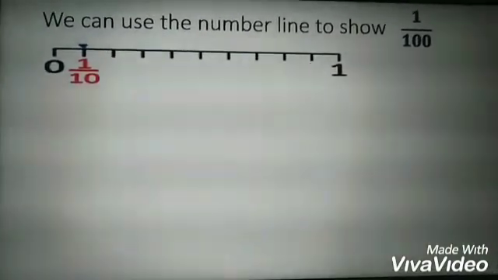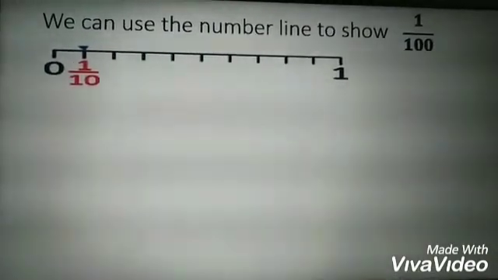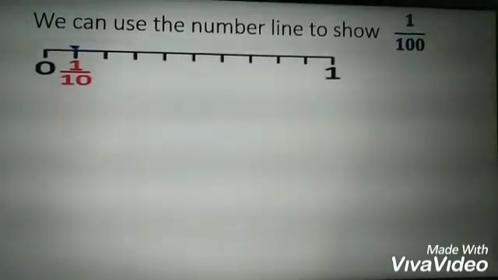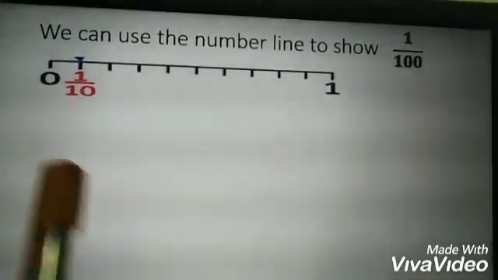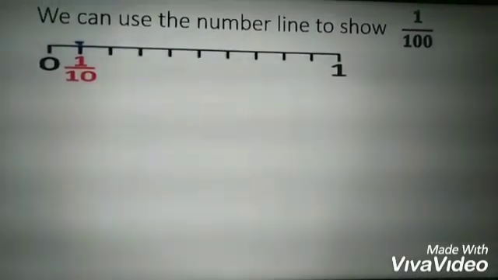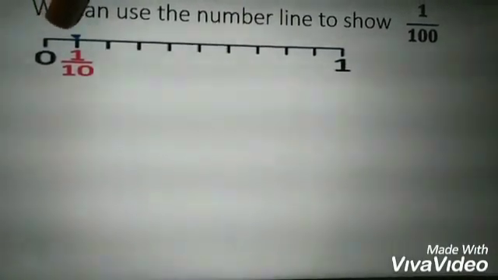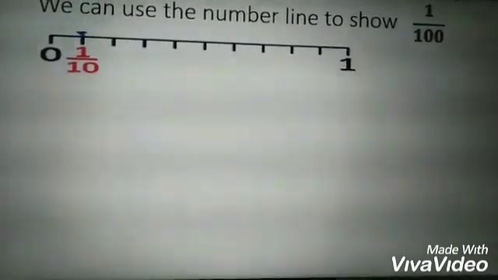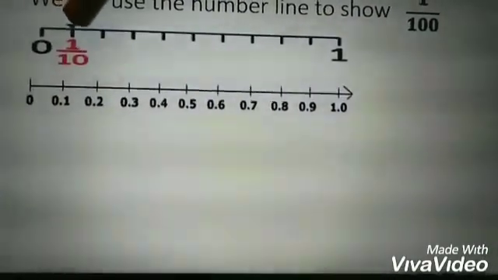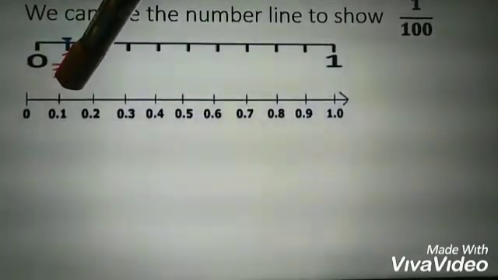Remember, in the previous period, we said that we can show the fraction 1/10 on the number line by dividing the distance between the number 0 and the number 1 into 10 equal parts. And the fraction 1/10 has to be the first part on this distance. And we said that 1/10 can be written using decimals as 0.1.